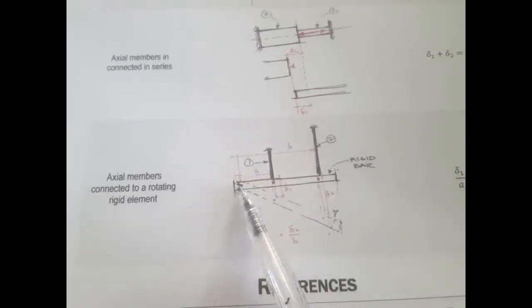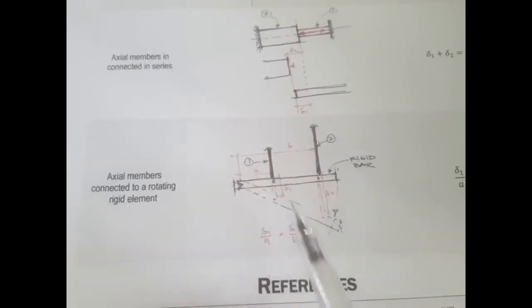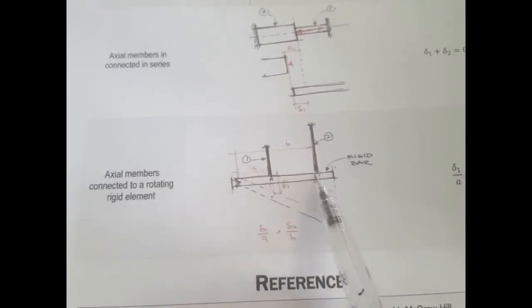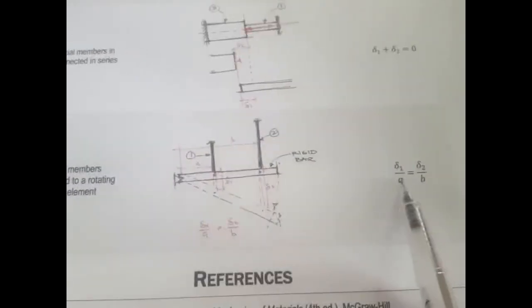Since you have a distance A from this point, and from this point a distance B, for example, the relationship will simply be similar triangles. All right, I guess that's enough, and we'll do sample problems.